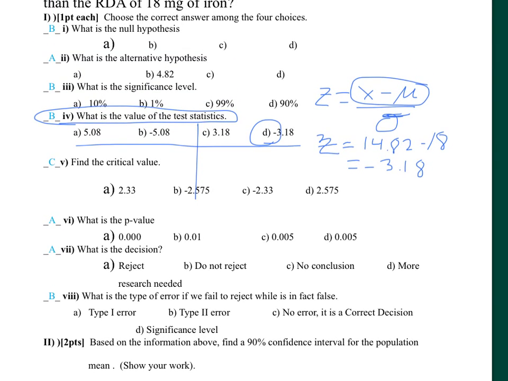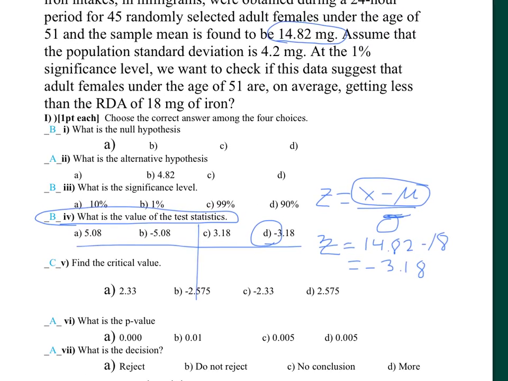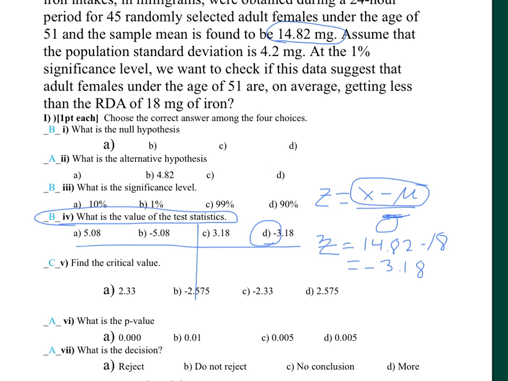Okay, here we are. All right, so our standard deviation that they gave us was 4.2.